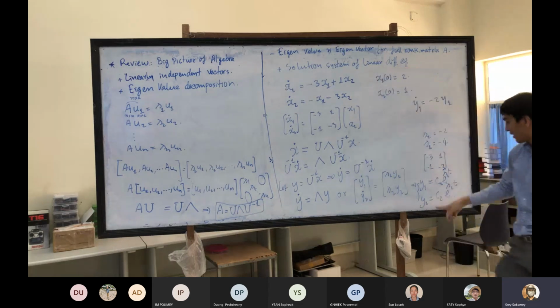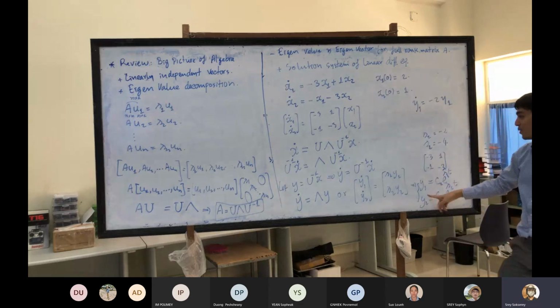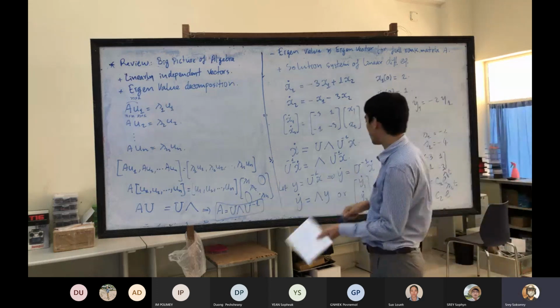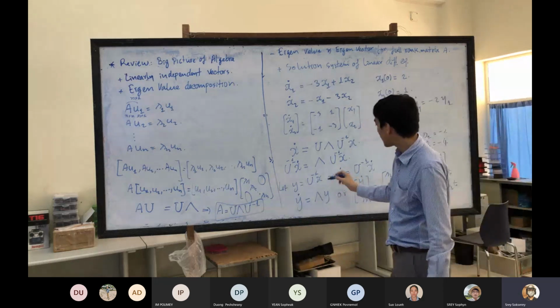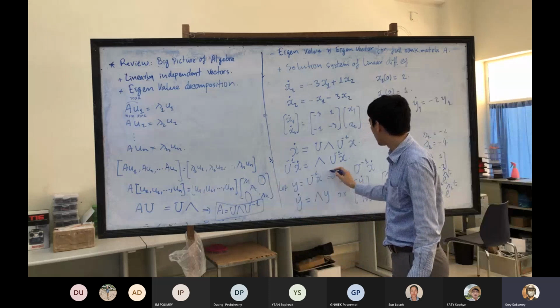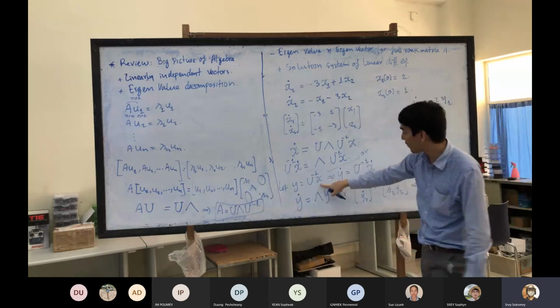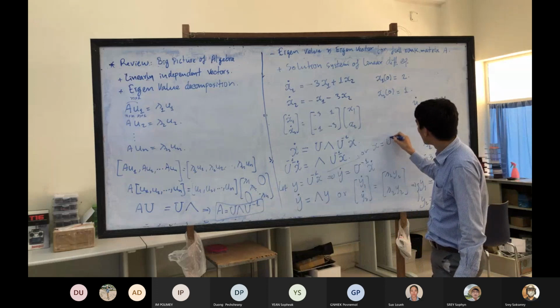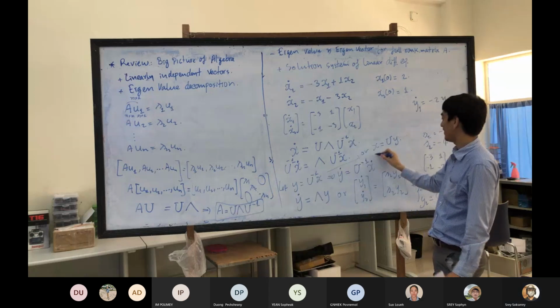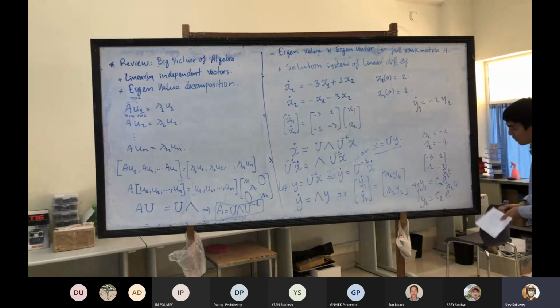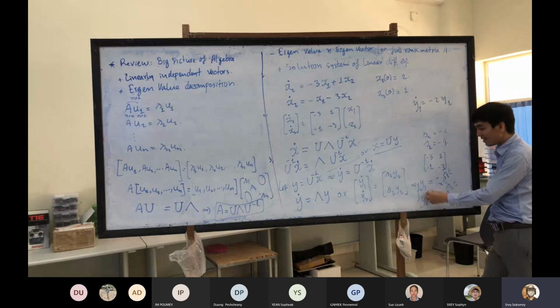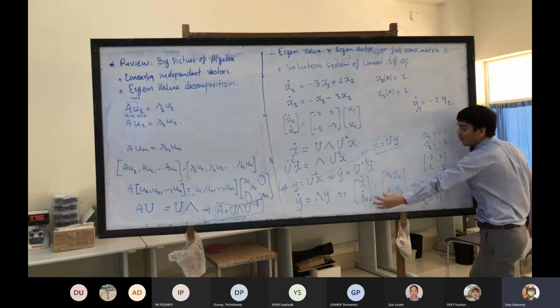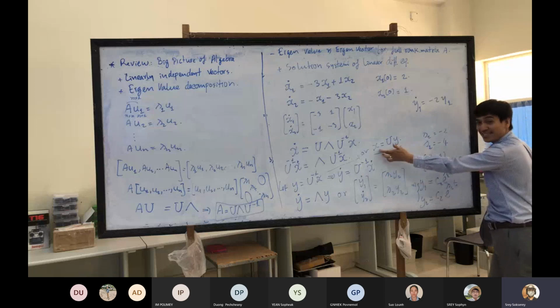So first, substitute y by what? Actually, if you want to find x, you multiply by y. So you want to get x instead of y, make it a vector, and then multiply U from the left-hand side, you can get x.